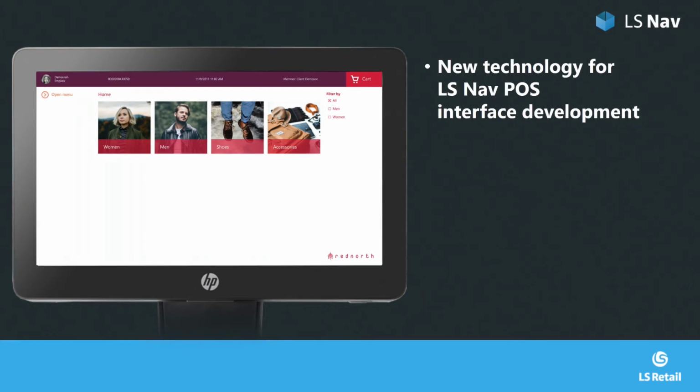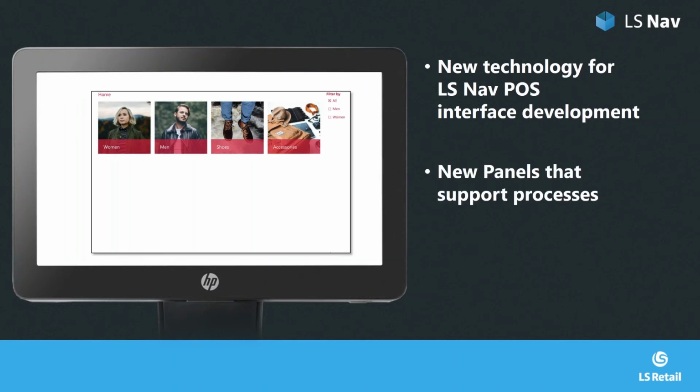So let's look at the future a little bit. What we are currently working on regarding our LS Nav POS is we have new technology for LS Nav POS interface development. What does that mean? It means that we are adding to existing functionality the ability to create new panels that support processes.